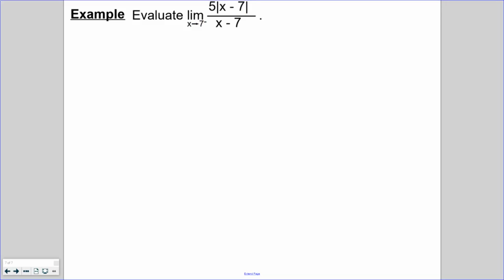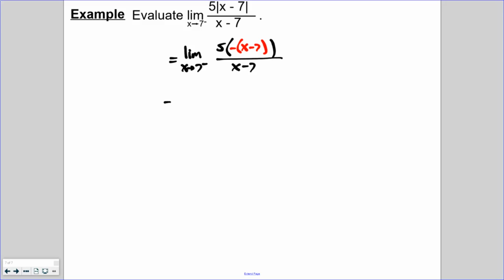But we are taking a look at the limit as x approaches 7 from the left, which means we want the negative piece of the absolute value function. So I can rewrite this limit as being the limit as x approaches 7 from the left of 5 times the negative piece, so negative quantity x minus 7, and then that's all over x minus 7.